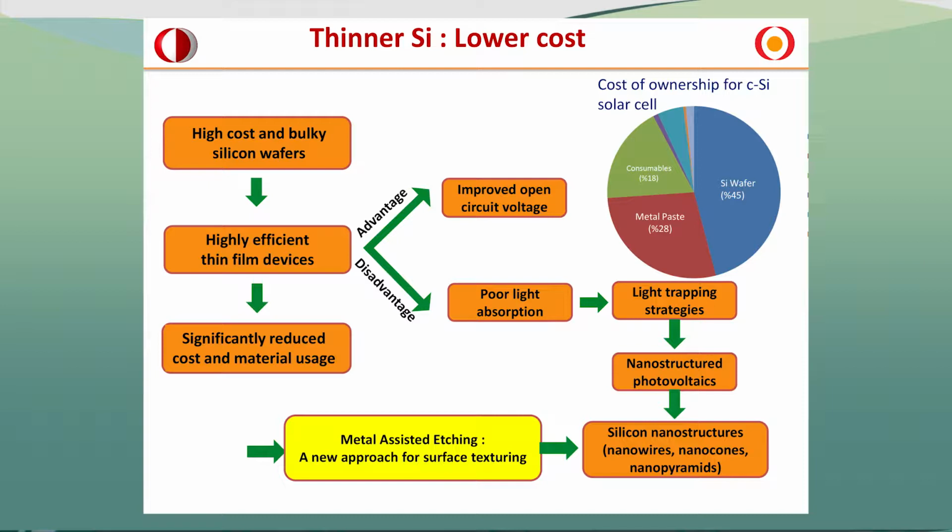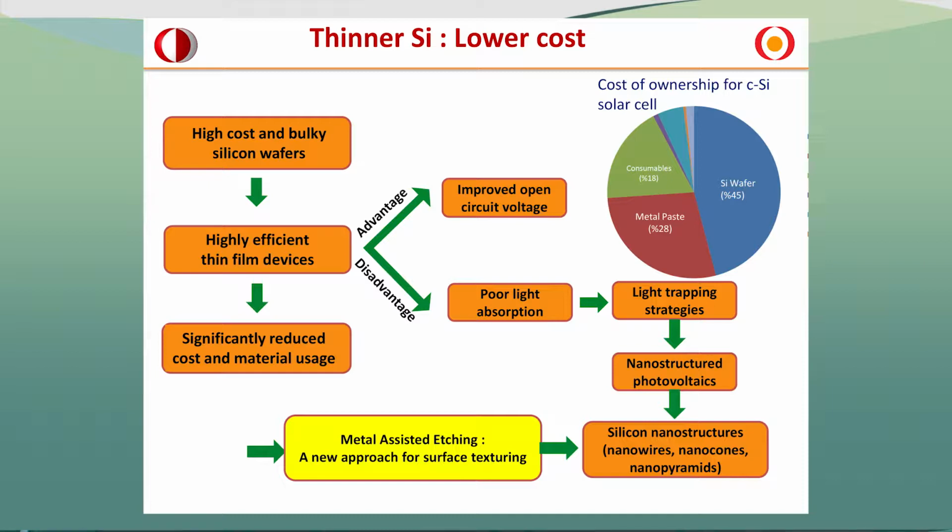If you reduce the thickness, you lose some of the incoming solar radiation. As a result, in order to use thin silicon wafers, you need to employ some new light trapping strategies, which can be based on nanostructures on the silicon wafer, like nanowires, nanocones, etc.